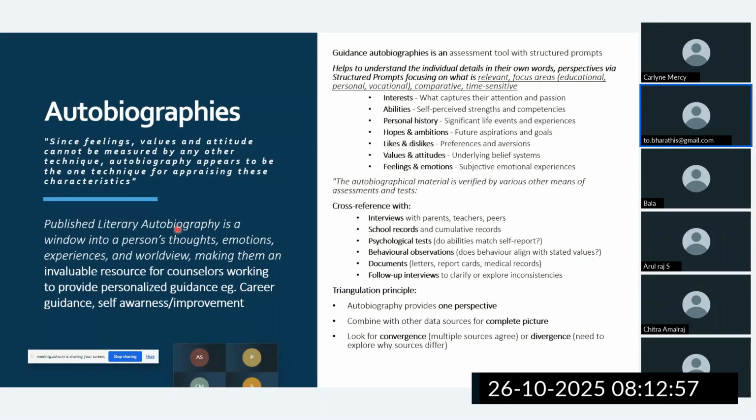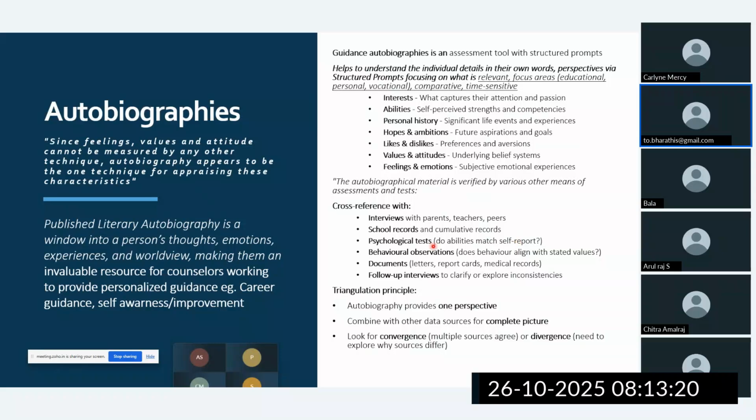But it should not go without any boundaries, right? Hence, it still has to be a prompt focusing on an educational topic, a personal topic, or a vocational topic, specific to a time period and all that stuff. And it can even cover your interest, ability, all these categories.